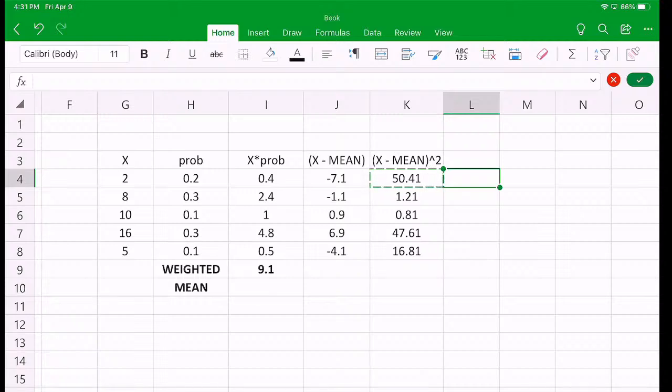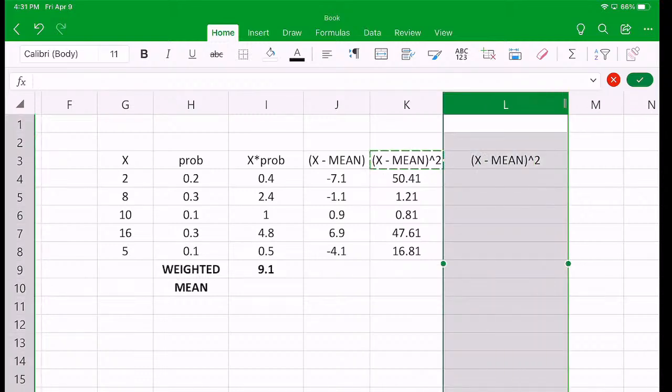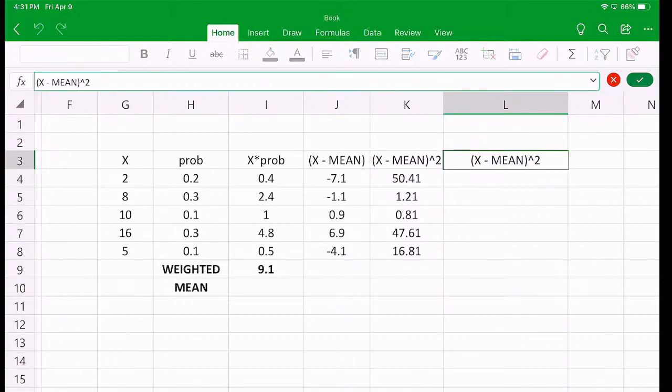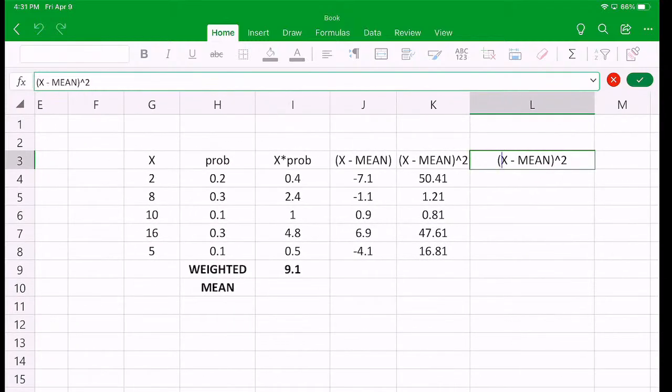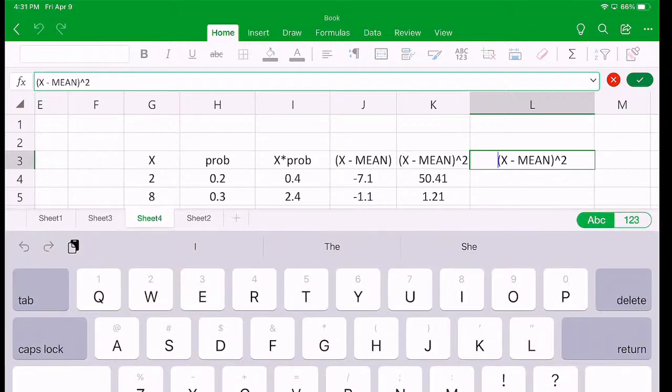So I have to square them, and then we need to average. But the average is a weighted average. So what we have to take is this column, and you have to multiply by the probability first, right? The probability. First or last, it's not that important when you're multiplying.